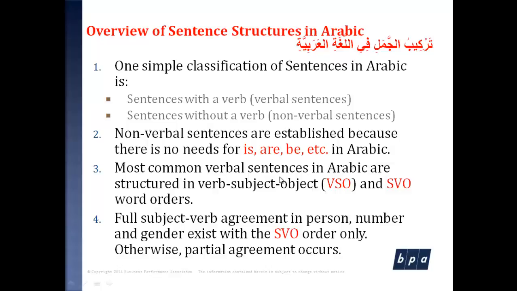Most common verbal sentences in Arabic are structured in either verb, subject, object order, so you have the verb, then the subject, then the object, or subject, verb, object order.